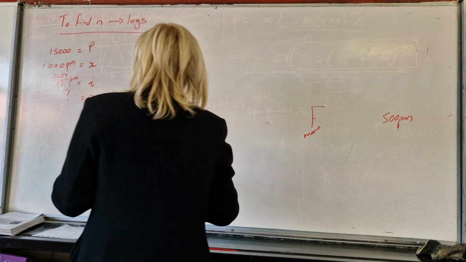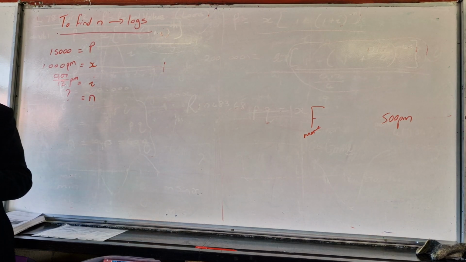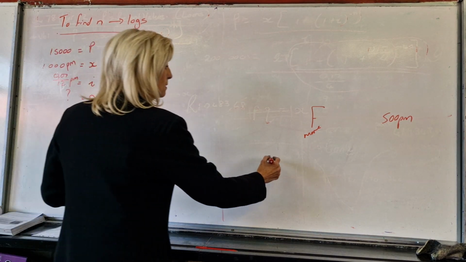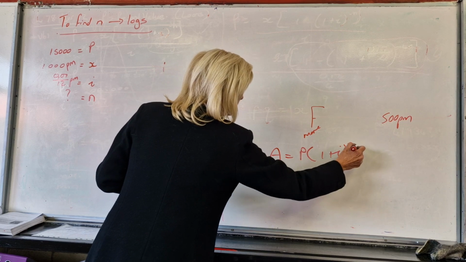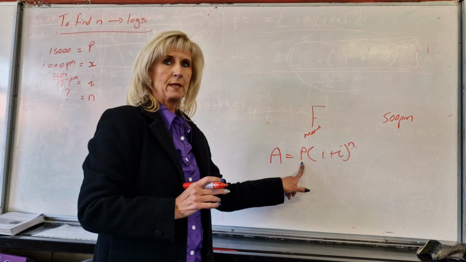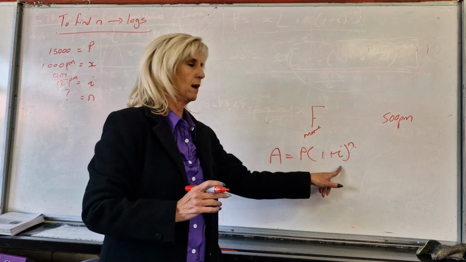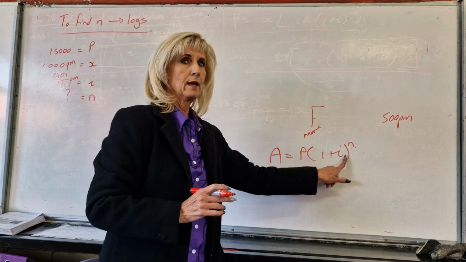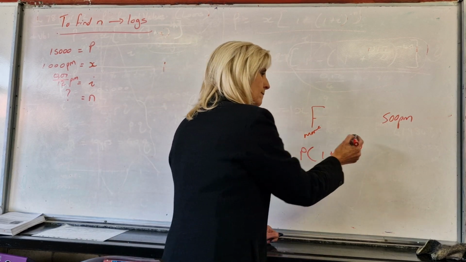Now, just to show you how to find N, because last year you could not find N. In our normal sums, with normal grade 11 stuff, I always asked you either for P, then you had to have A and I and N, or for A, P and I and N, or for I, N and P and A. I never asked you for N. Why not?